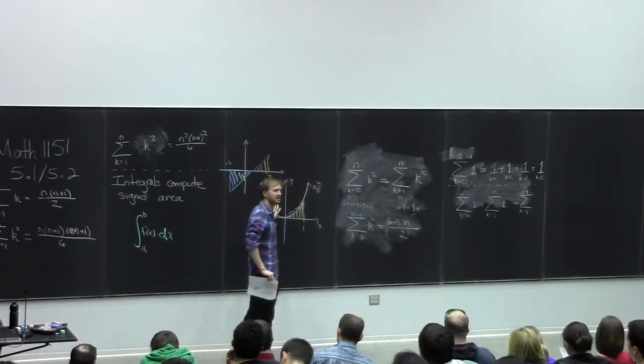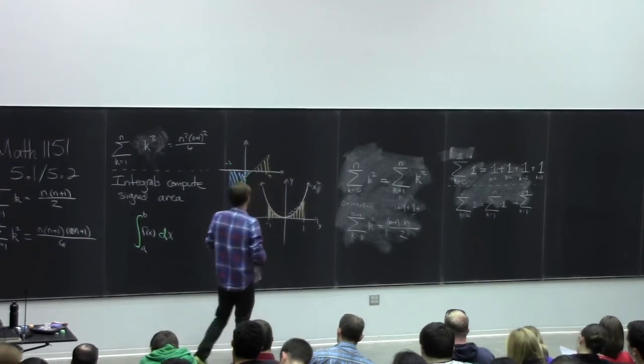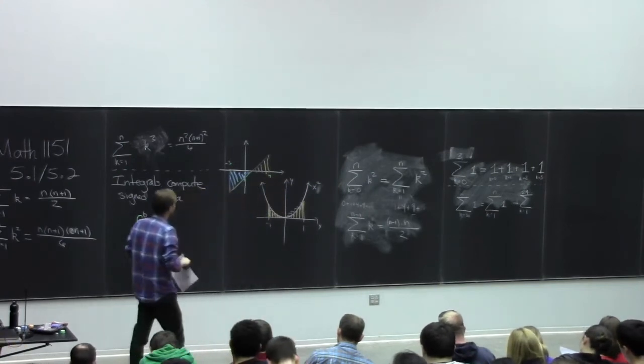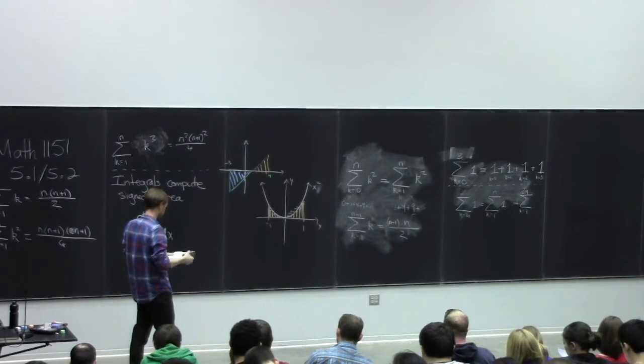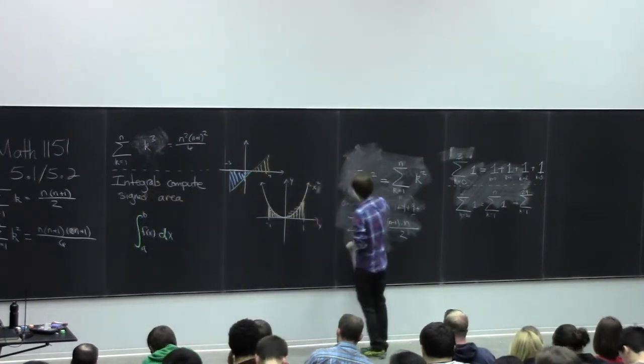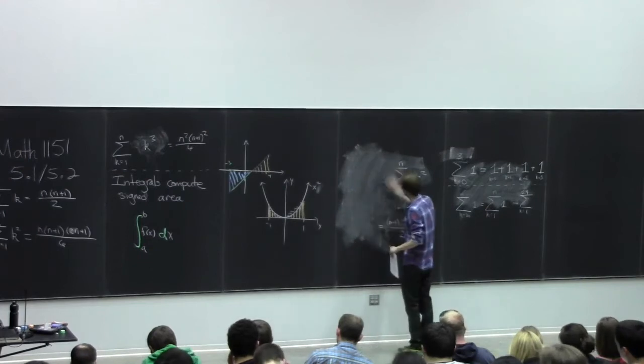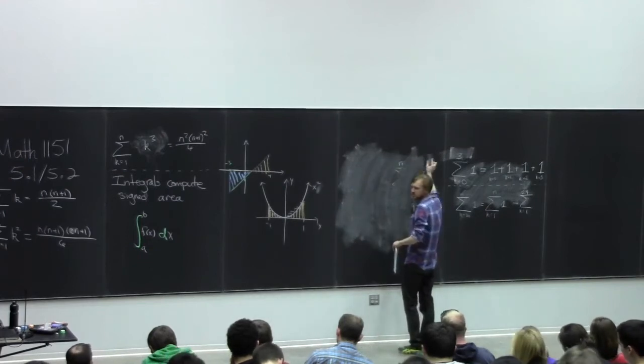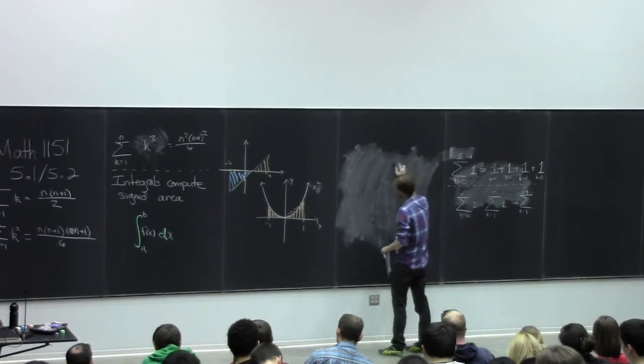Boy, I hope this isn't a mistake. Let's see if we can work this out. That one seems good to me. So what we're going to do is just follow our noses and do the most obvious thing most of the time.